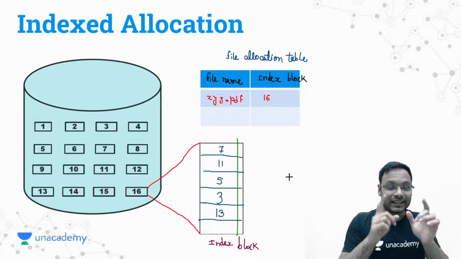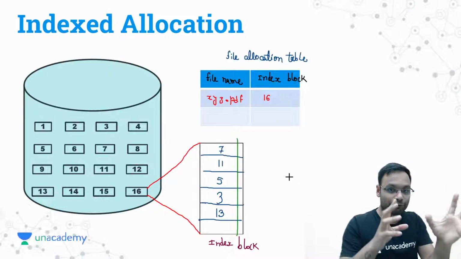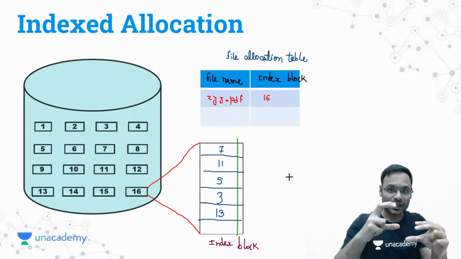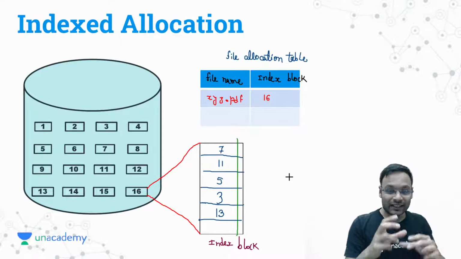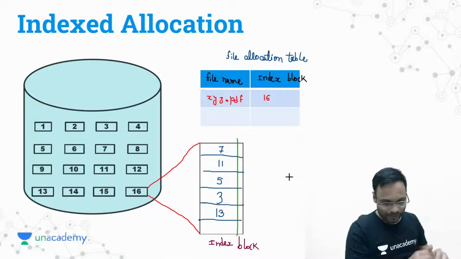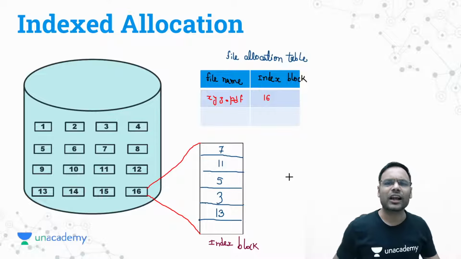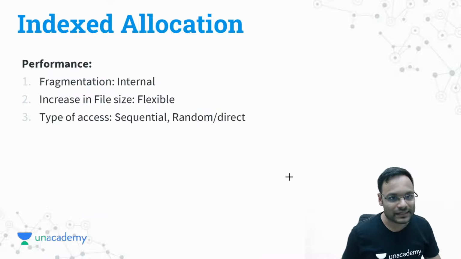Same thing we have learned in multi-level paging. If multiple blocks are needed for indexing here, then I will need multi-level indexing. Okay, let's try to understand this with a simple example.